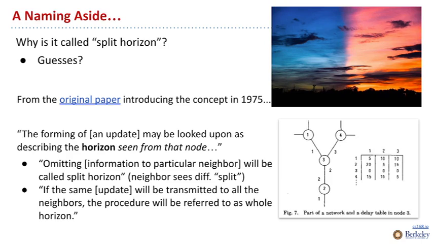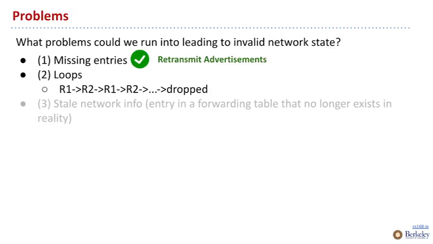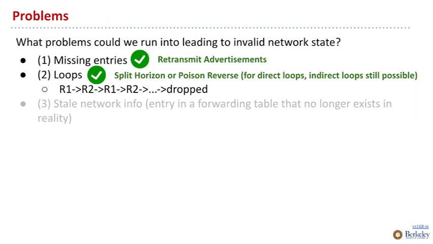Particularly, the neighbor through which you're going, you leave out the routes to destinations that you use that neighbor for. And so each neighbor is getting a different overall view of your horizon. The paper also describes this term as a whole horizon, which is without split horizon, if you're sending everything. We don't use that in this class, but it's kind of cool. Okay, we've solved our looping problem. That's great.